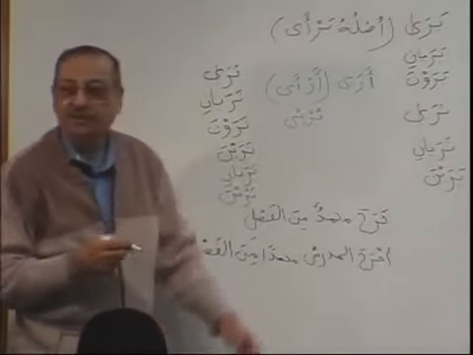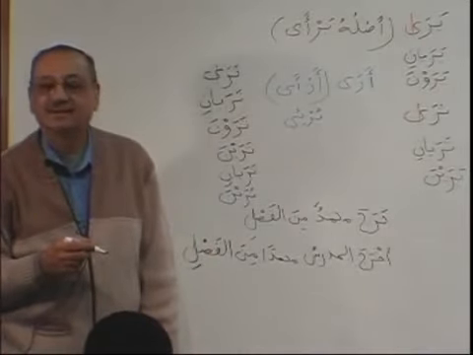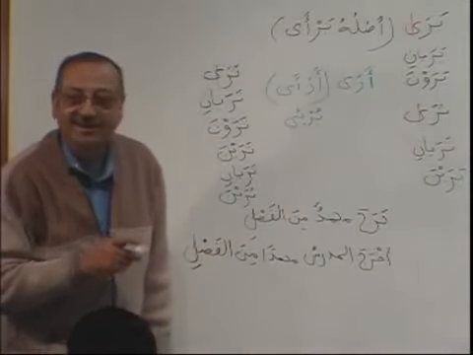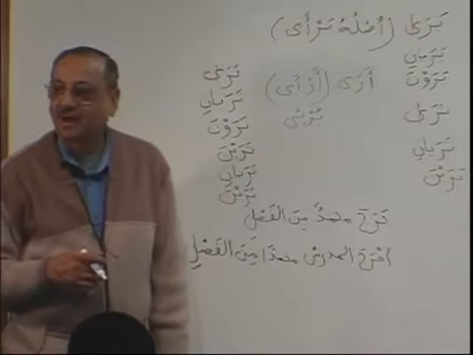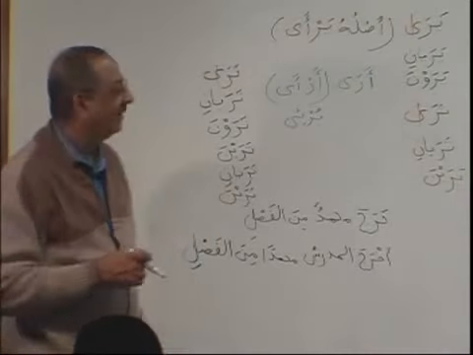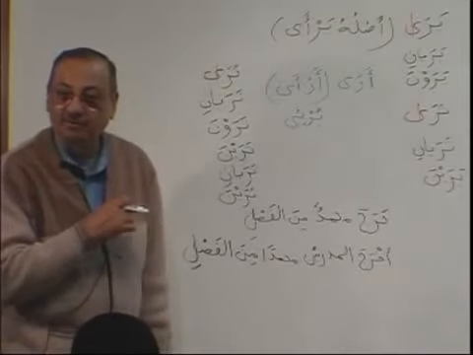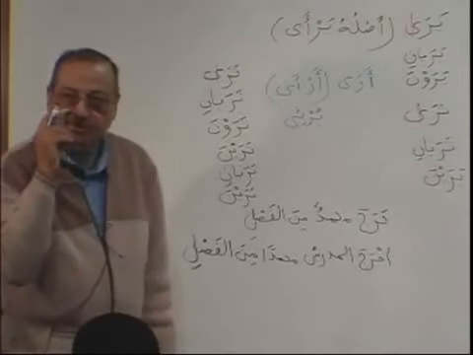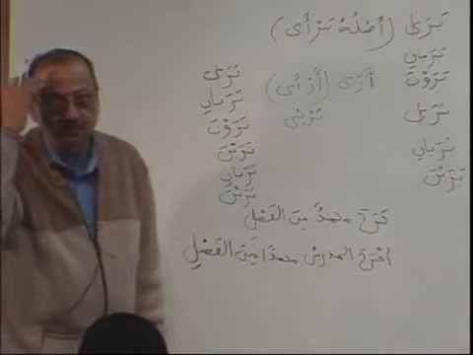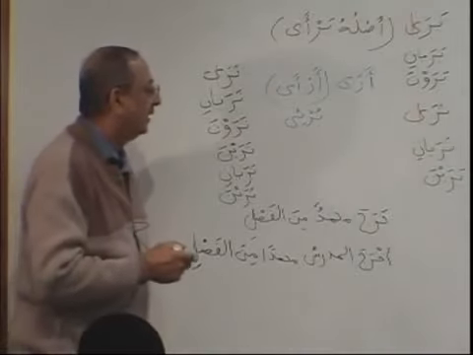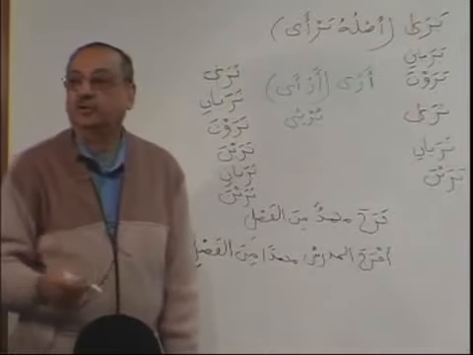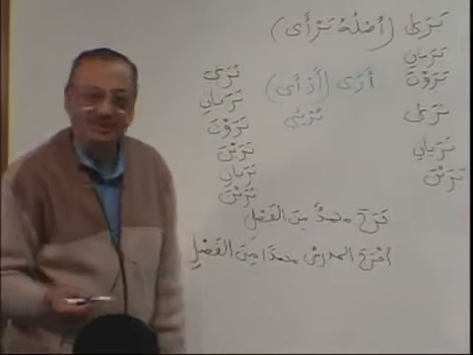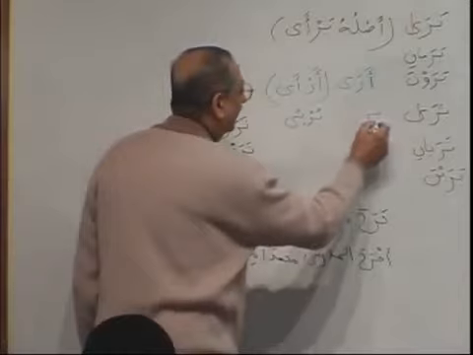What happened to the Hamzatul Qata? He took a break. He is hiding behind. He says, I want to go to Tim Horton and have a coffee, you know. So he is there, but it's not visible to our eyes, but to our mind it is there. Okay, brother? So here, again, Yuri.